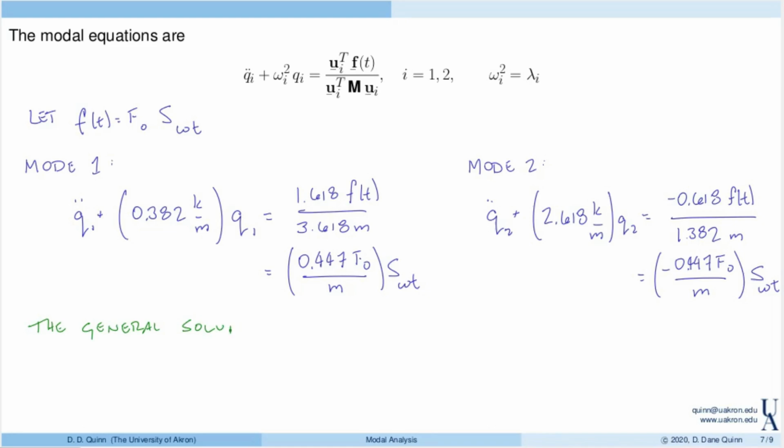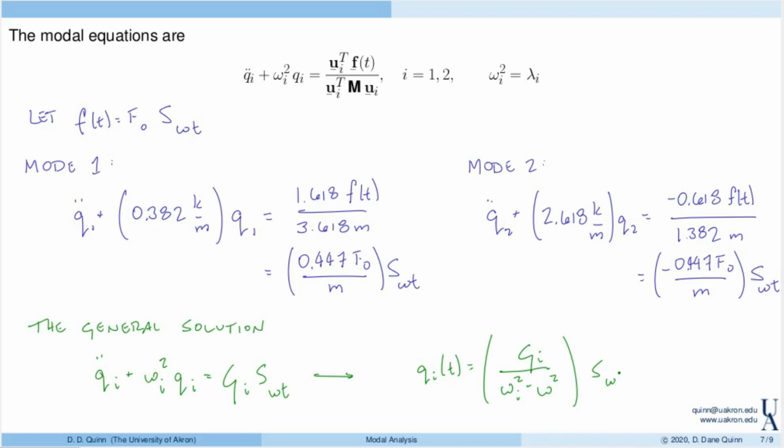So if I have a system that looks like Qi double dot plus omega i squared Qi equals some forcing, G sine omega t, then the general solution here becomes Qi is some amplitude, which is G divided by omega i squared minus omega squared, times sine omega t.